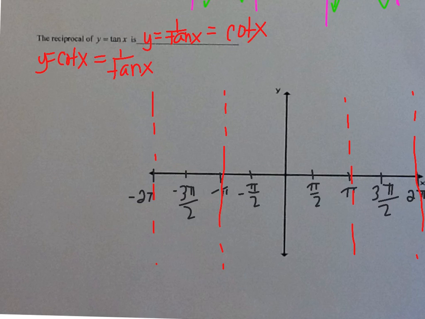Now tangent, when I graph regular tangent, actually goes through the origin. This one doesn't go through the origin because my y-axis is actually an asymptote. And it's actually kind of like backwards. So don't draw this, but if you graph tangent, tangent goes this way, like this. Okay, so this is actually going the other way. So let me erase that.